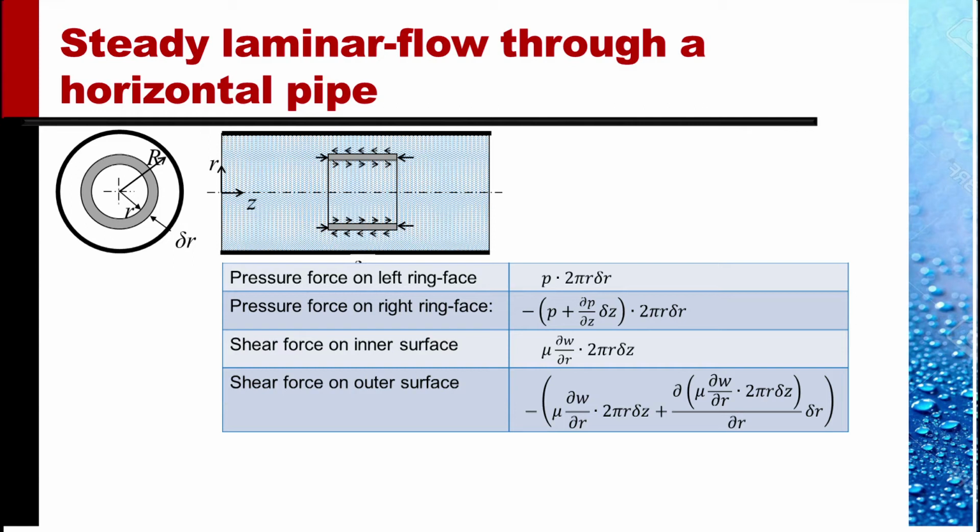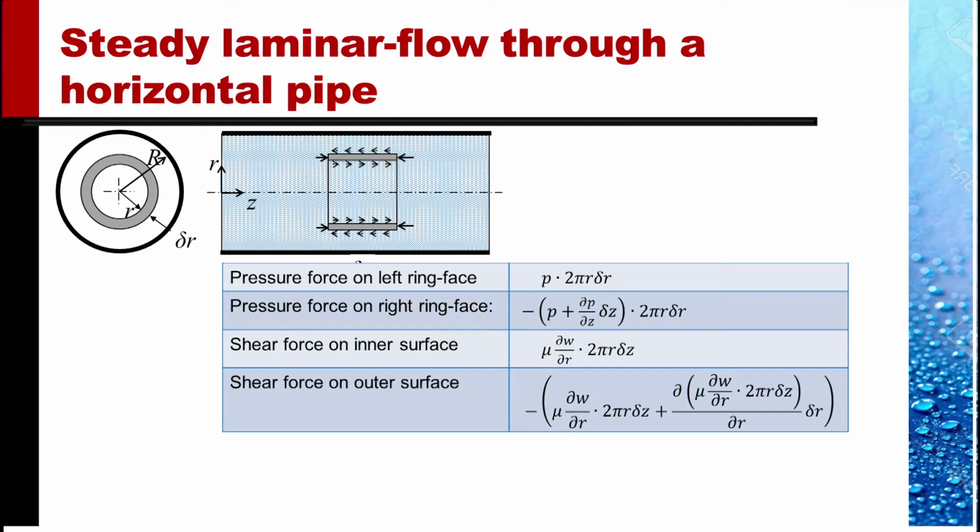So it is minus P plus del P by del Z into delta Z multiplied by 2 pi r delta r, the area of the ring face.